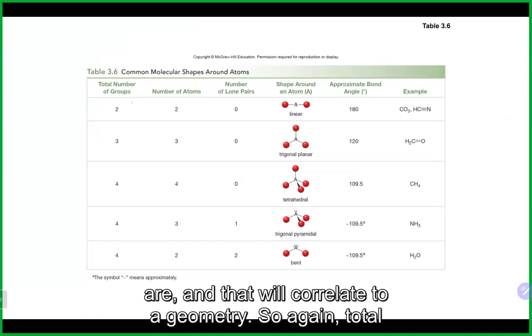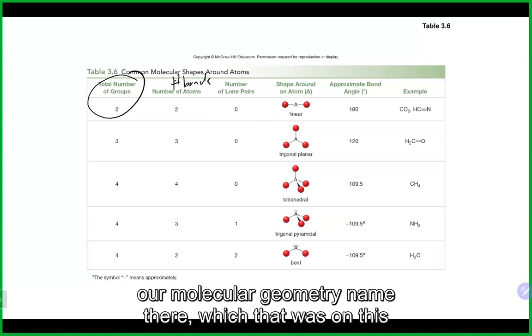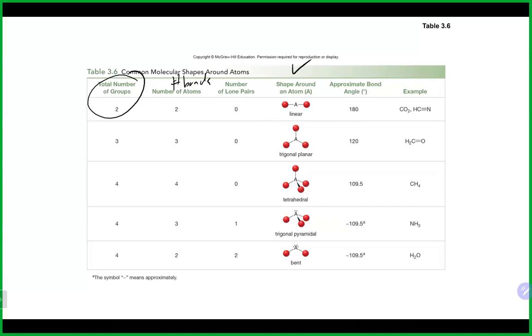So there's the total number of electron groups, the number of bonds, and our molecular geometry name, which is on this table. There it is right there. Any questions on geometry here?